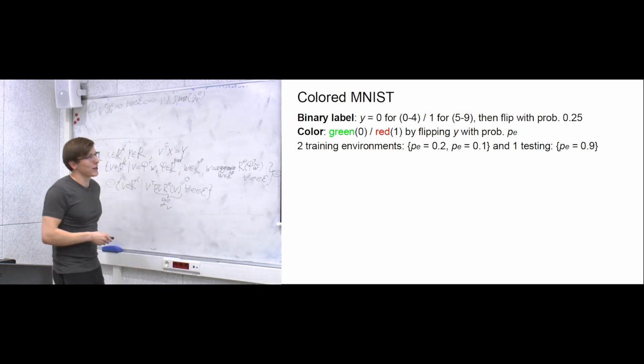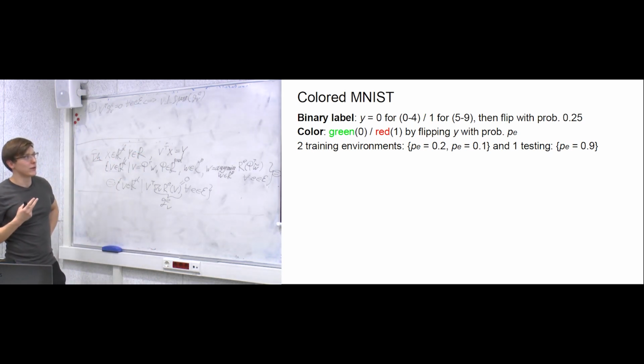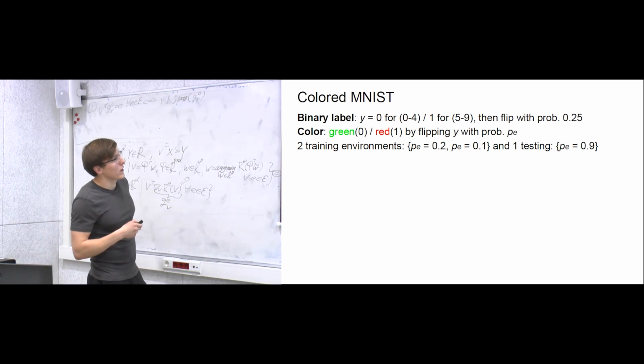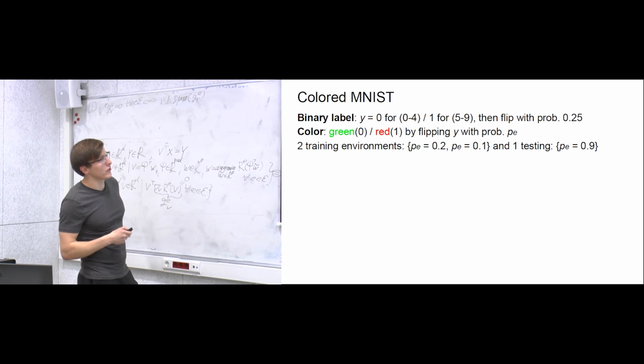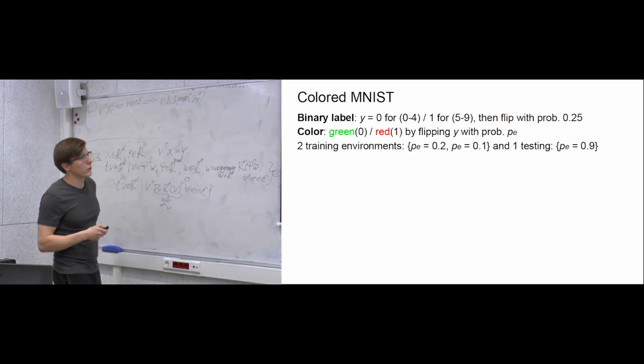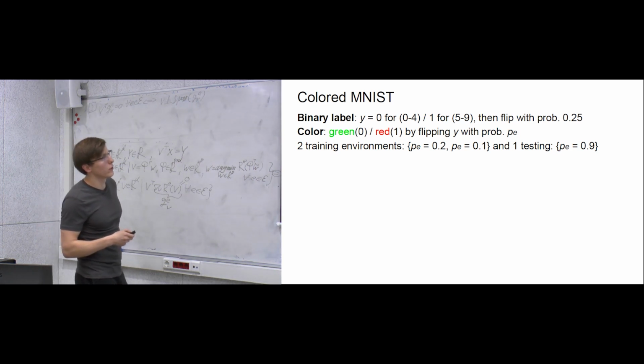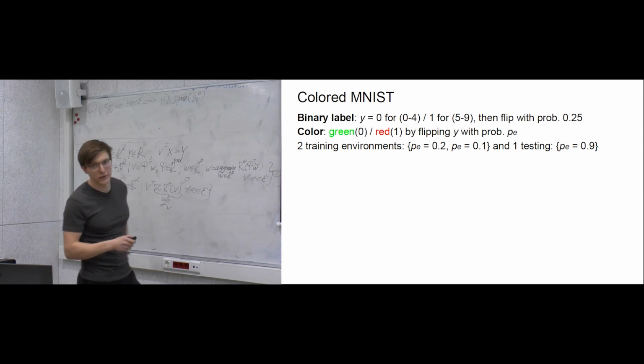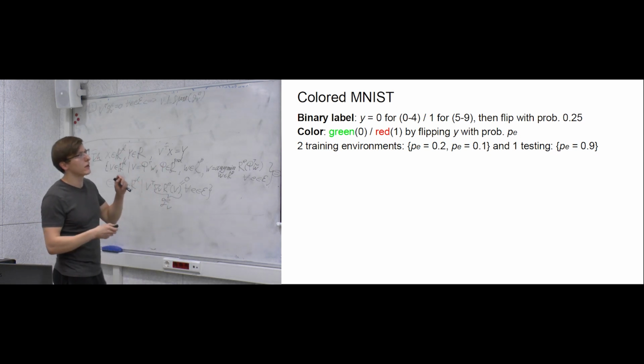We're coming to the two-label spuriously correlated MNIST. We have a binary label, which is 0 for the first 5 digits and 1 for the rest. Then we also flip the labels received this way with a probability of 1/4. It's like noise in our environment.